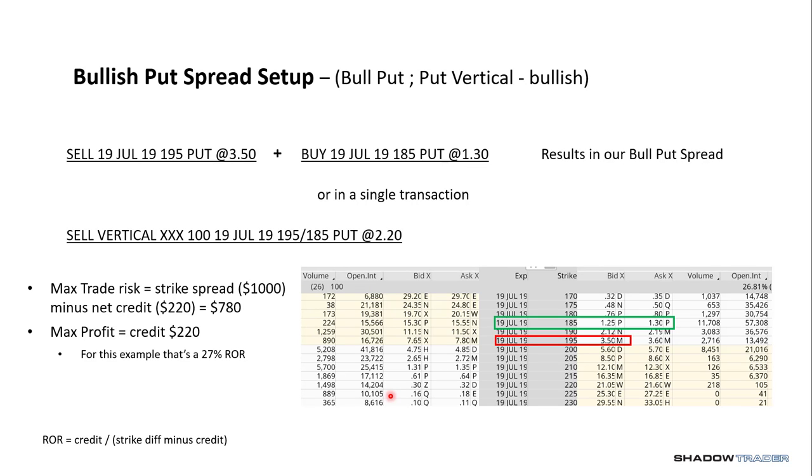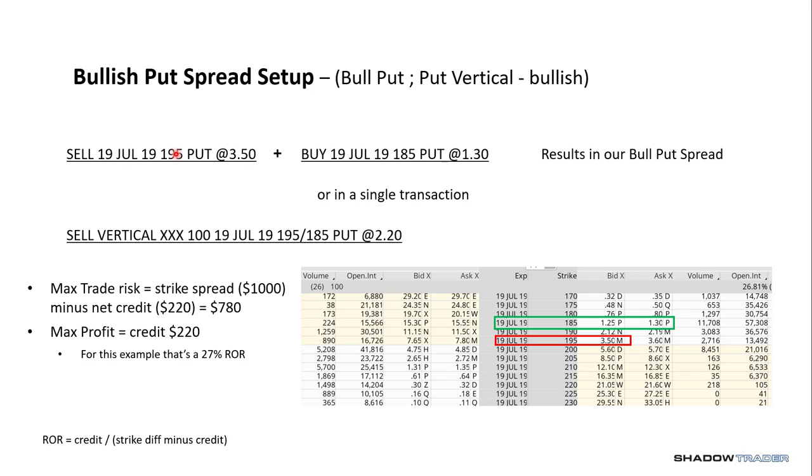So let's take a look at a setup. The bullish put spread setup: a bull put, a put vertical in a bullish fashion. First of all, the primary instrument, we're going to sell the 195 put. For that, we're going to get a credit of $3.50.